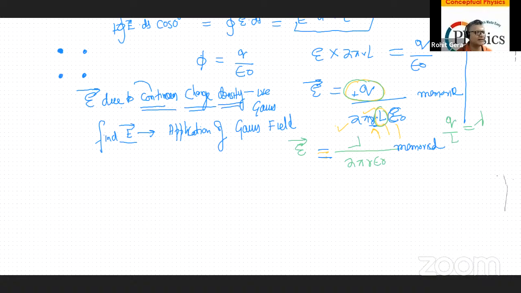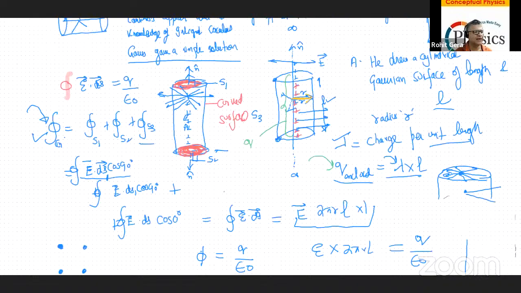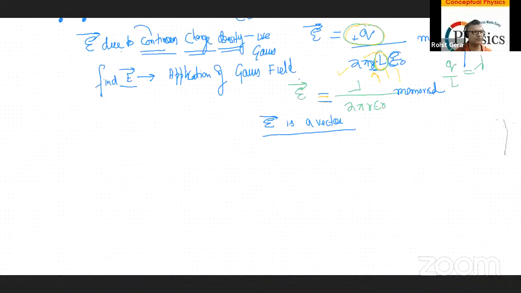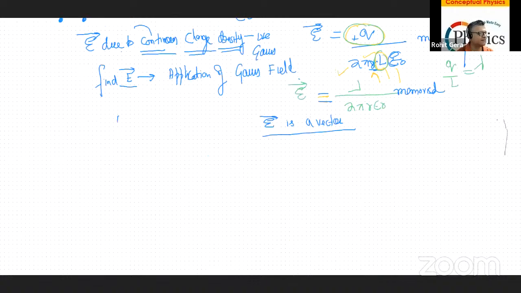And it is a vector. It is not a scalar. So the electric field is away from the line if it is a positive line. If I draw a negative line, what happens? Towards the line. The electric field value will remain the same, but the direction of the vector is going to reverse.